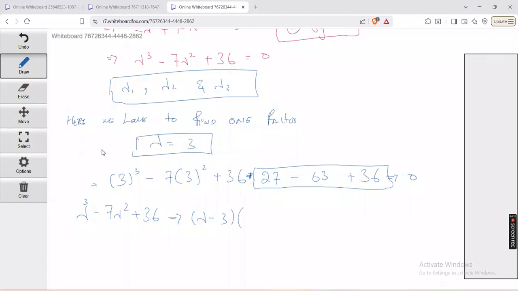Now again, this is the same value, if you multiply and add, you will get the value here. So lambda square minus 4 lambda minus 12.